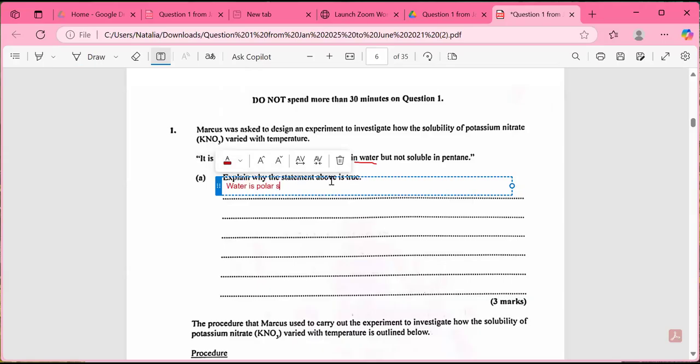Water is polar and potassium nitrate is an ionic compound. So the slightly positive end of the water, the positive potassium ions will be attracted to what?